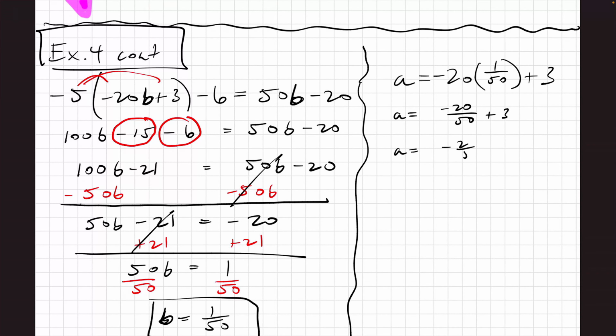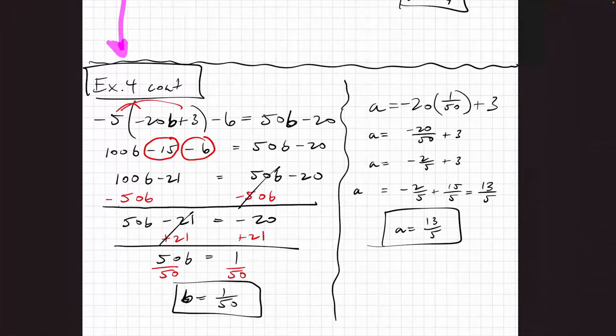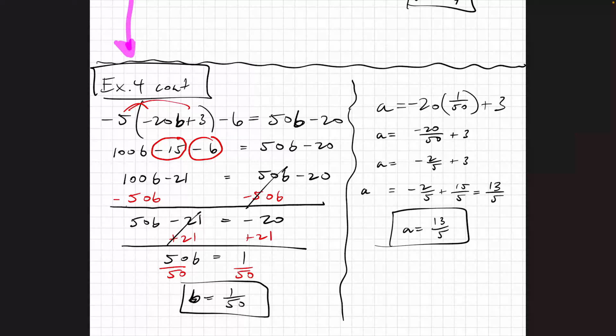That's negative 2/5 plus 3. Well, 3 is 15/5ths. So we're going to get, what, 13 fifths? Yep. Done.